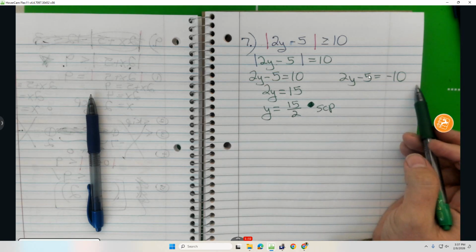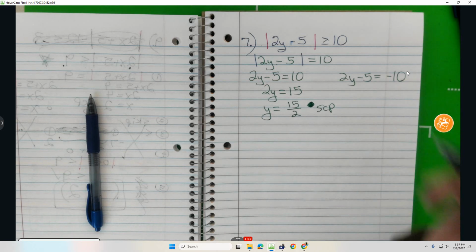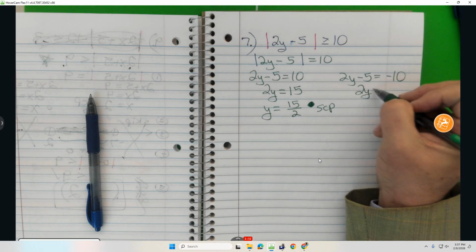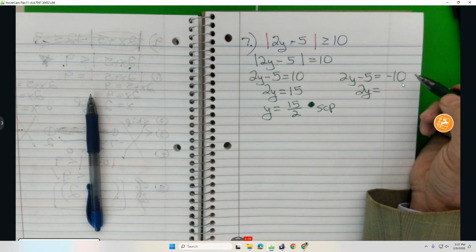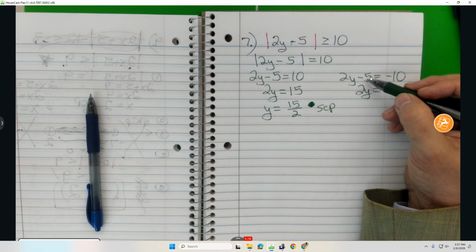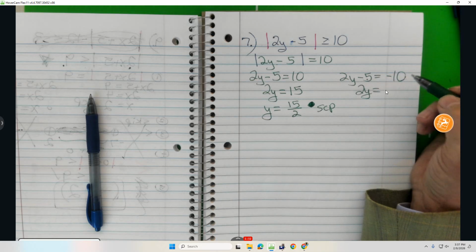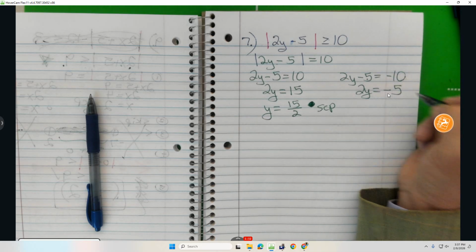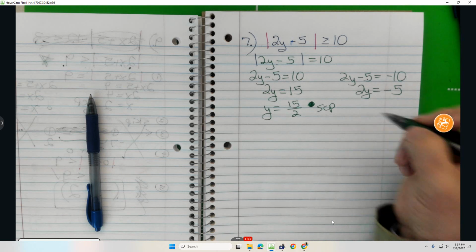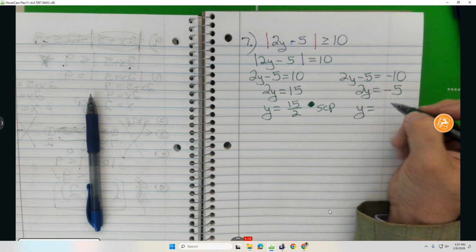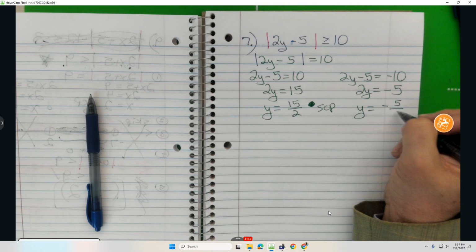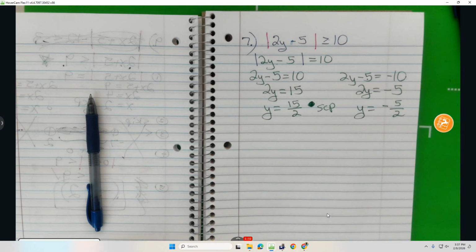Solving the second one. We add 5 to get 2y equals negative 10 plus 5, negative 5, and then y equals negative 5 over 2 for my second solution cut point.